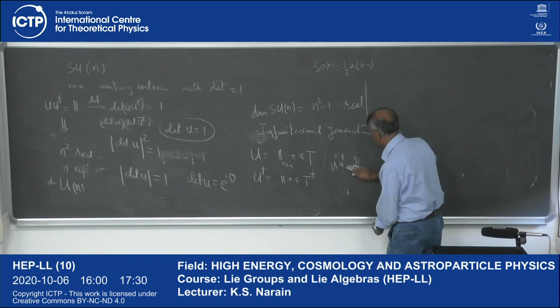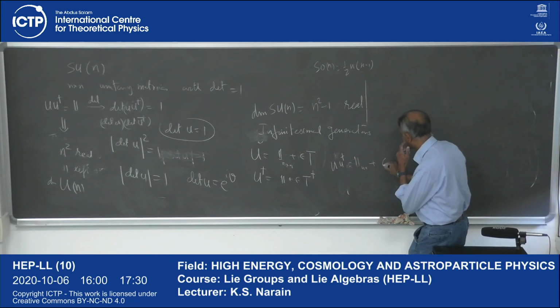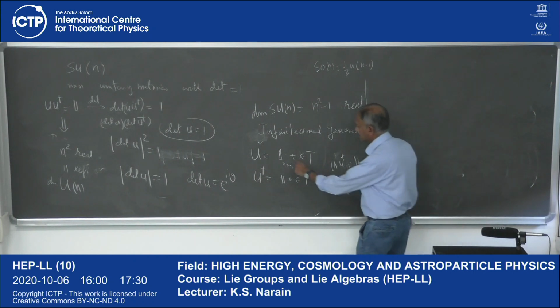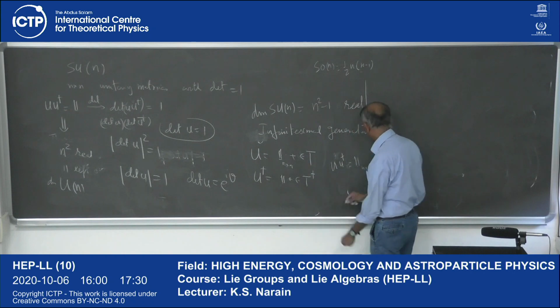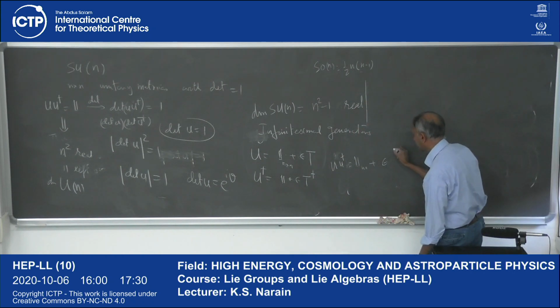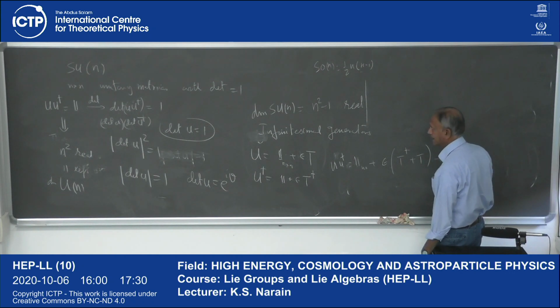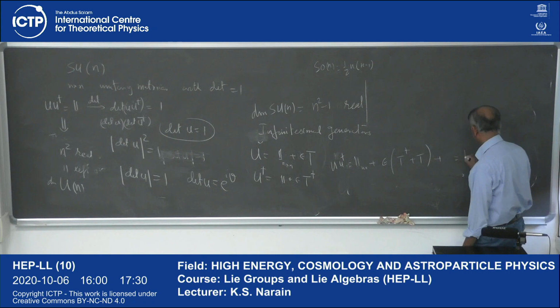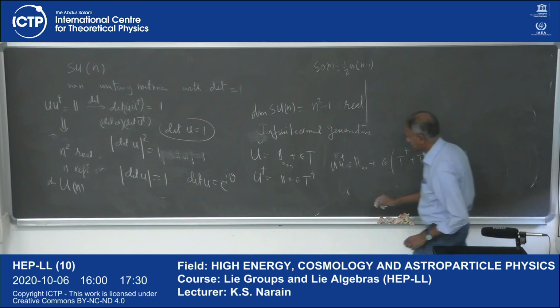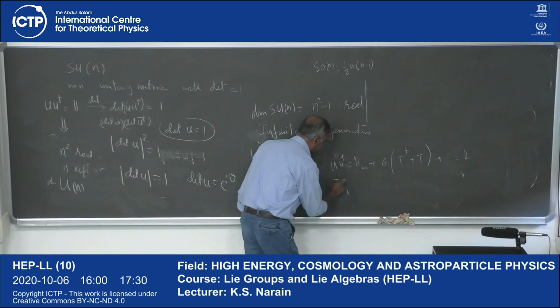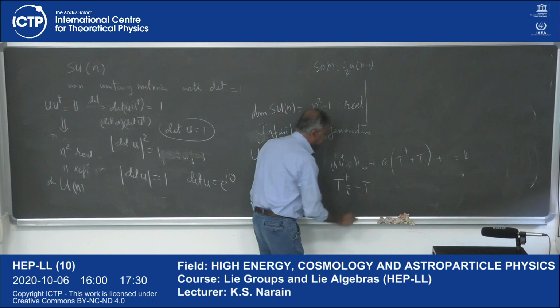All the epsilon terms will come from this times that plus that times this. So you will get here epsilon T dagger plus T, plus order epsilon squared, and that's supposed to be equal to identity. So therefore we conclude that T must be anti-Hermitian. T dagger is equal to minus T.